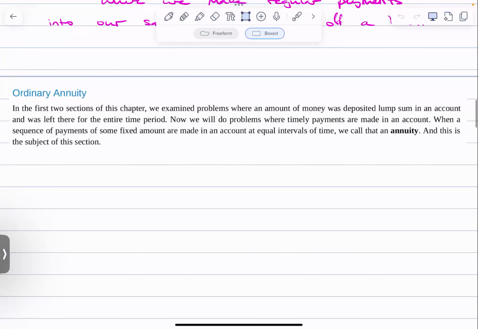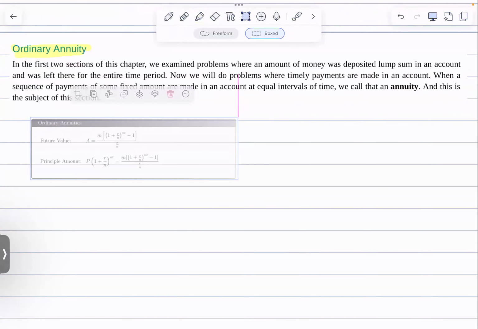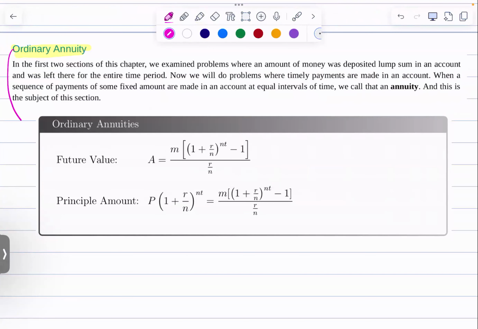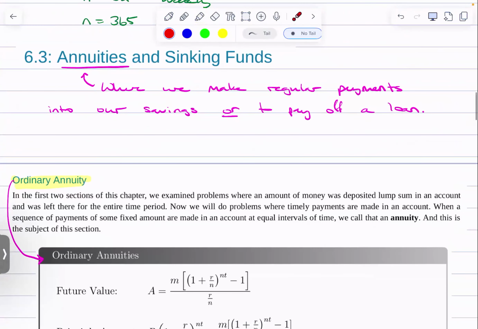And so here, ordinary annuities are going to be quite important, which means we need to know what that means, right? What does ordinary mean? Well, we just decided that an annuity is where we make regular payments, right? Monthly payments.